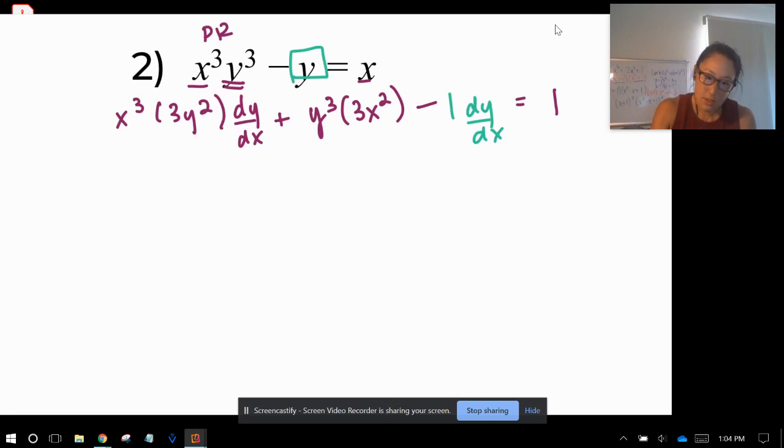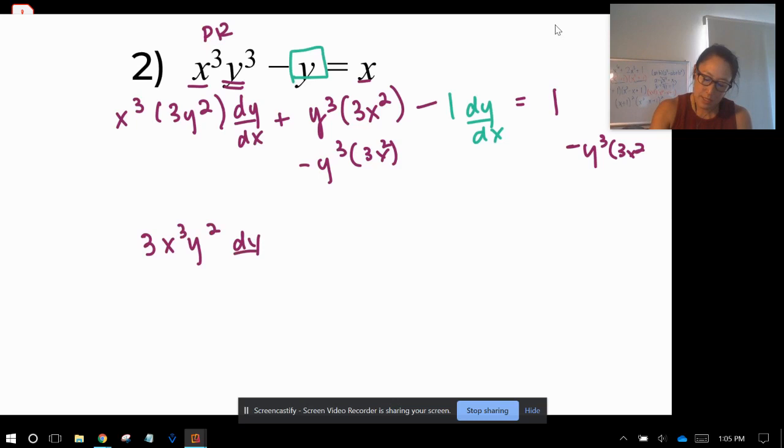Okay, so next step is to gather our dy/dx's on one side. So it looks like I'm going to subtract y cubed times 3x squared. So I get 3x cubed y squared dy/dx. That's going to cancel.